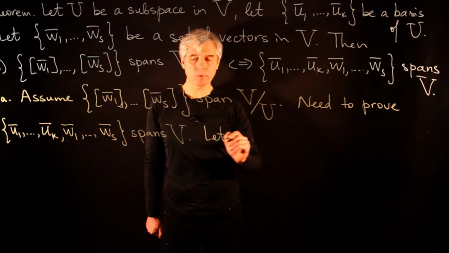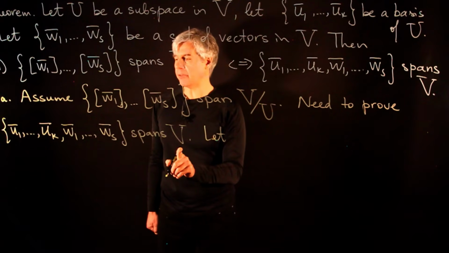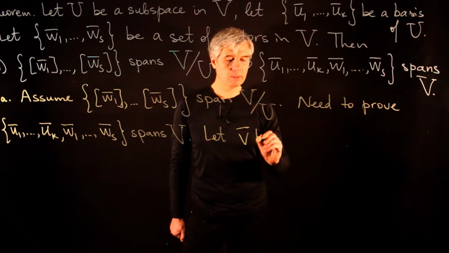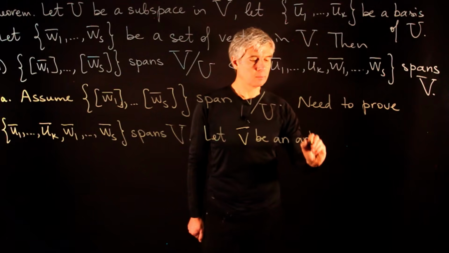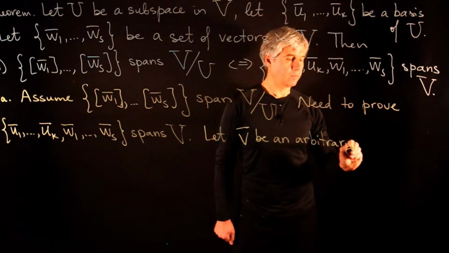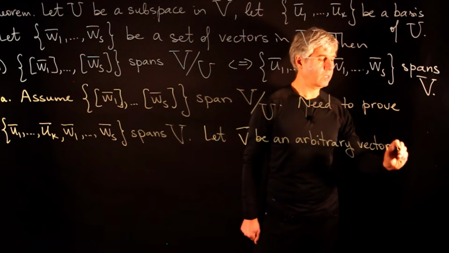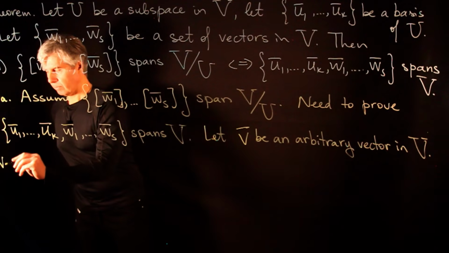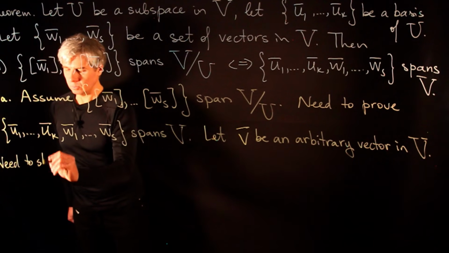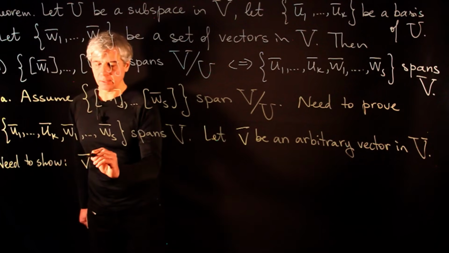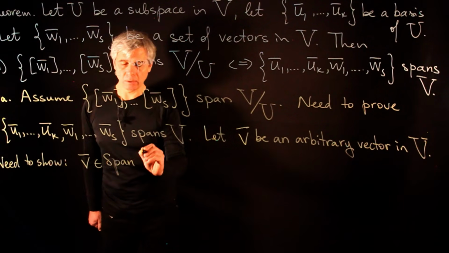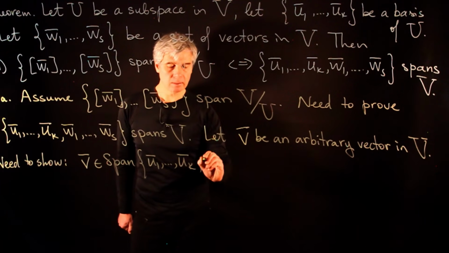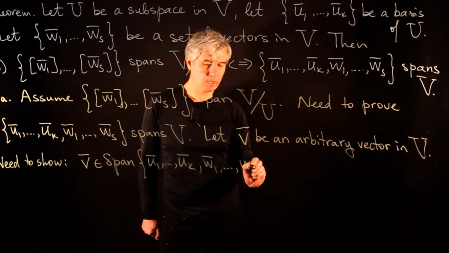This means that we need to show that any vector in our vector space belongs to the span of these vectors. So let V be an arbitrary vector in V. We need to show that V belongs to the span of this set of vectors, U1 through UK, W1 through WS.